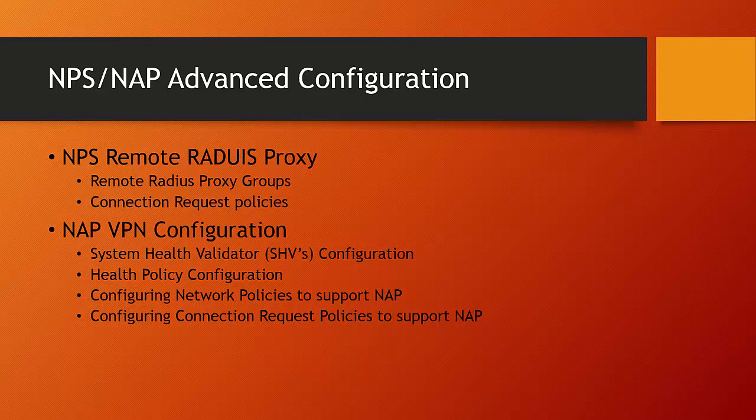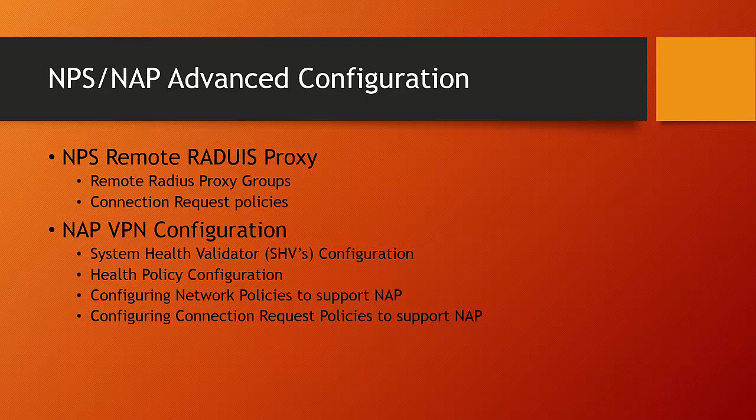In the second part of this video, we will be looking at Network Access Protection and specifically configuring VPN connections to challenge their clients for statements of health to prove that those clients are healthy before they're allowed into our network. And that in essence is what Network Access Protection is all about.